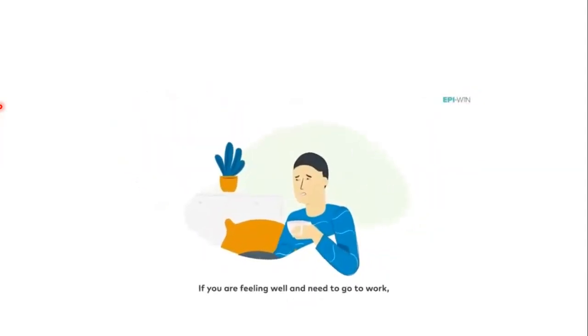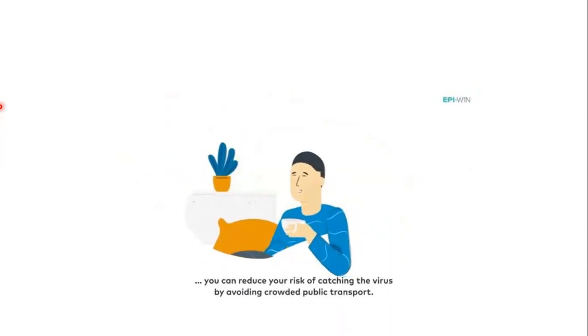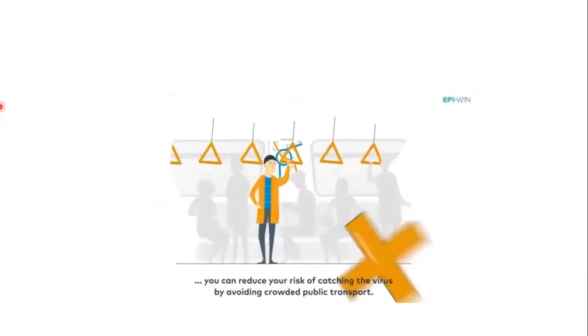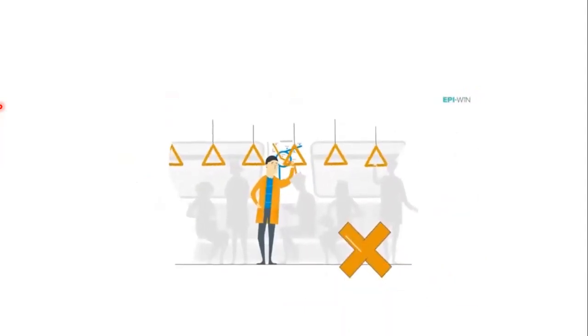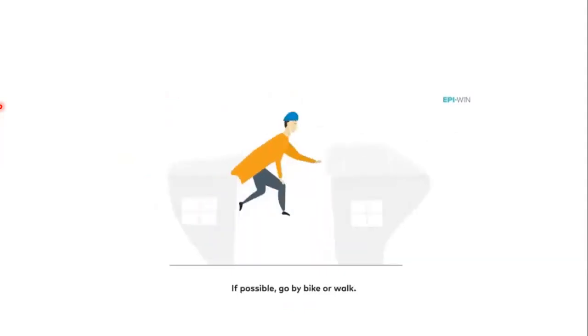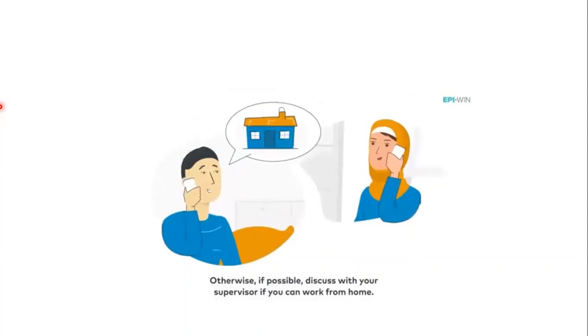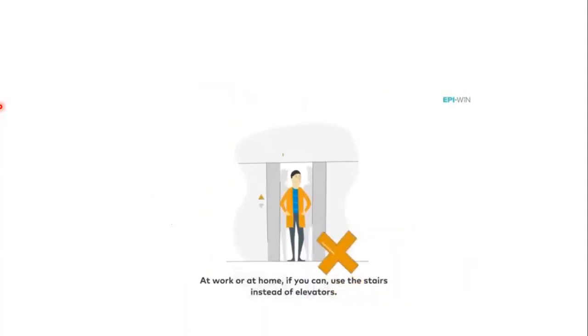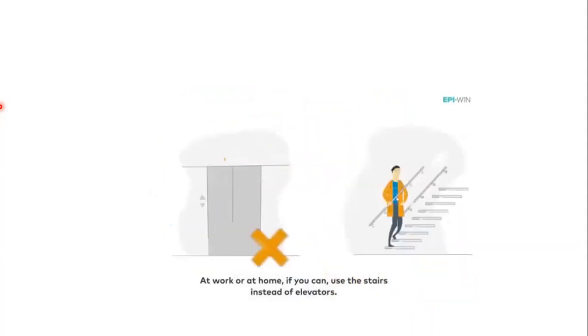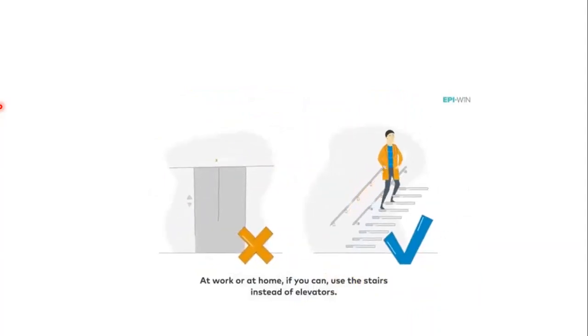If you are feeling well and need to go to work, you can reduce your risk of catching the virus by avoiding crowded public transport. If possible, go by bike or walk. Otherwise, if possible, discuss with your supervisor if you can work from home. At work or at home, if you can, use the stairs instead of elevators.